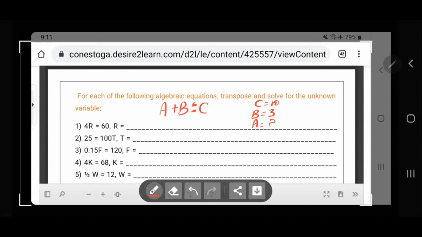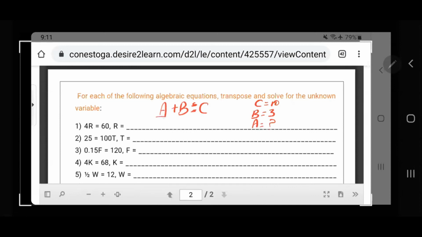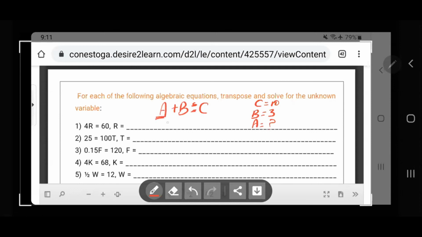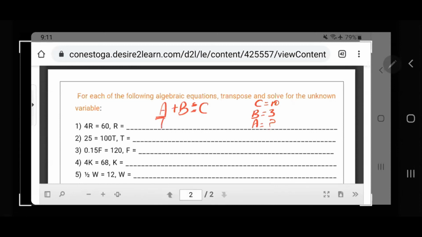A here is adding, so in order to find A, we have to isolate A. Then we rewrite the equation and say that A is equal to C.